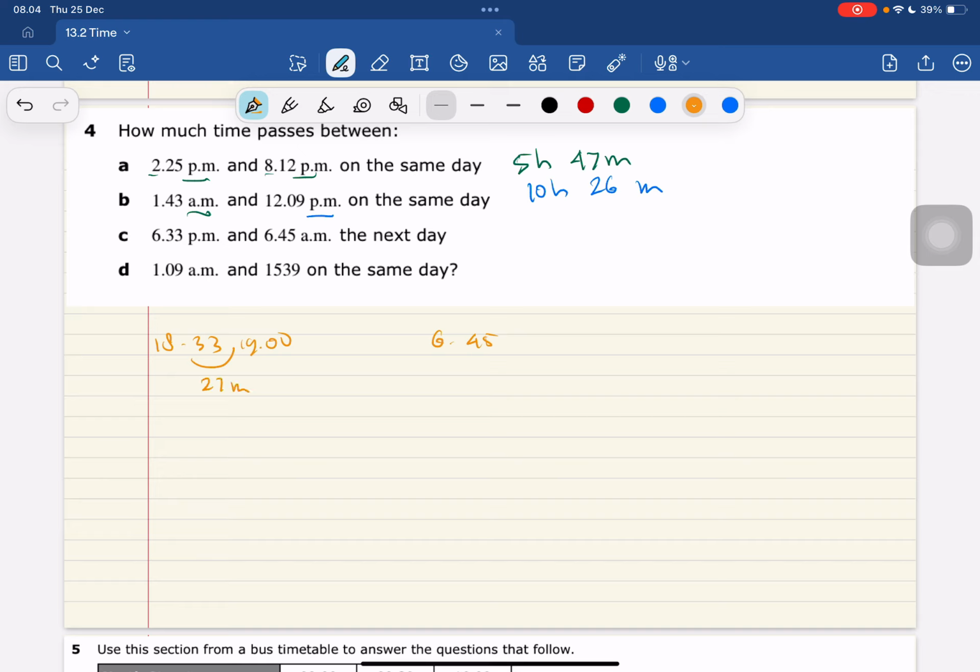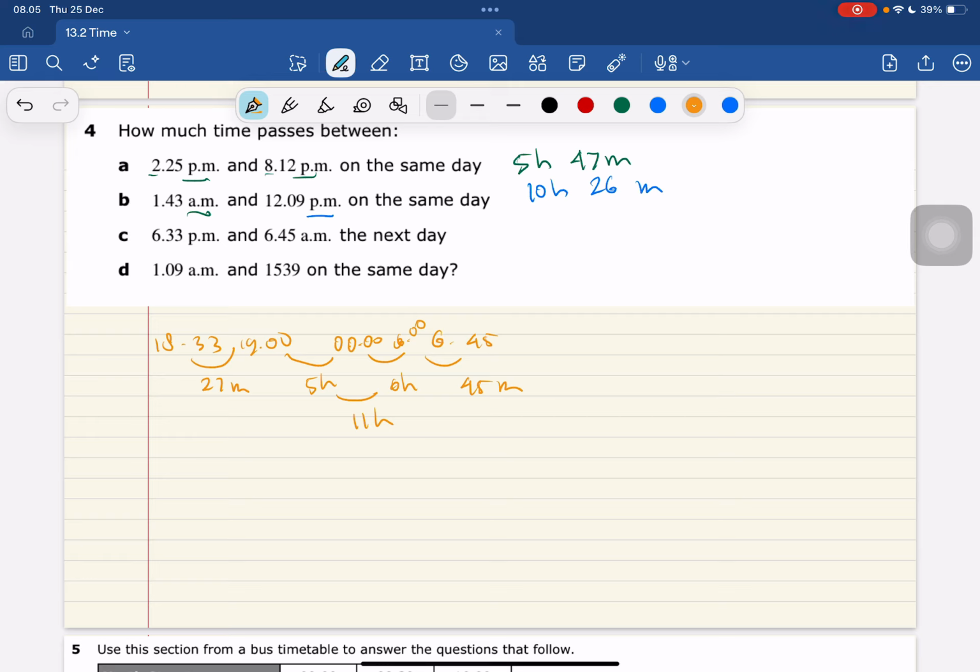Because this is the next day, let us make it until 00 first, 12 o'clock, midnight. So 19 to 0 o'clock there are 5 hours. And this until 6 hours. And the last is 45 minutes. We add, this is 11 hours.